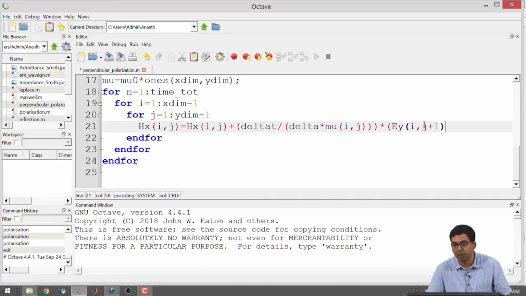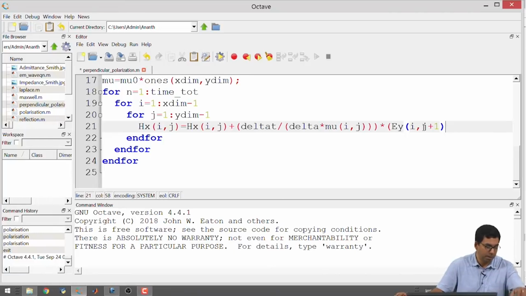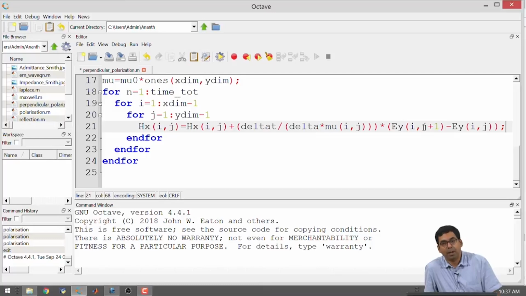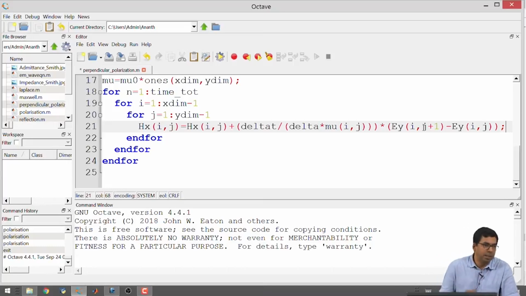Originally in our code it was z plus delta z, and here I am just making it j plus 1. This is what an update equation for Hx would look like. It is a lengthy expression, but if you are able to work it out, then there is no issue at all. It is just plugging that expression over here.